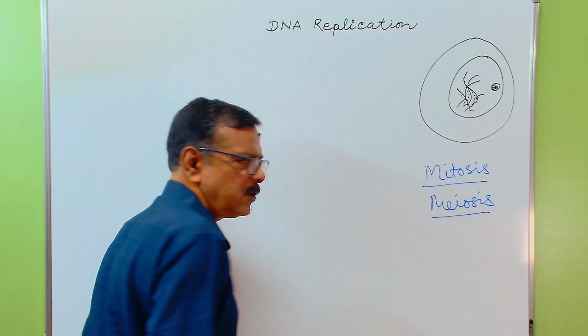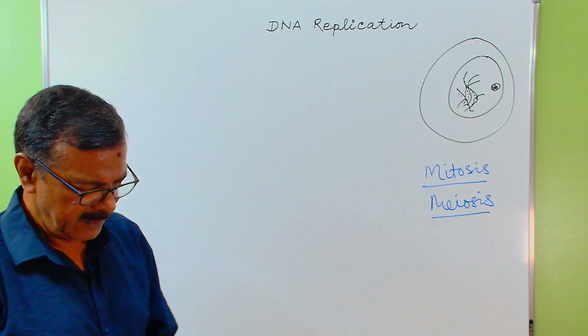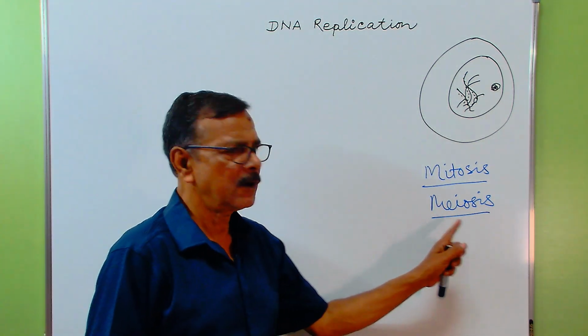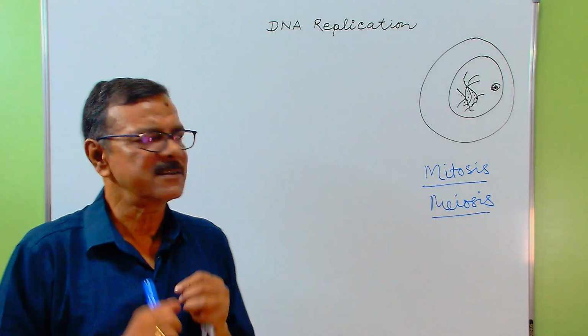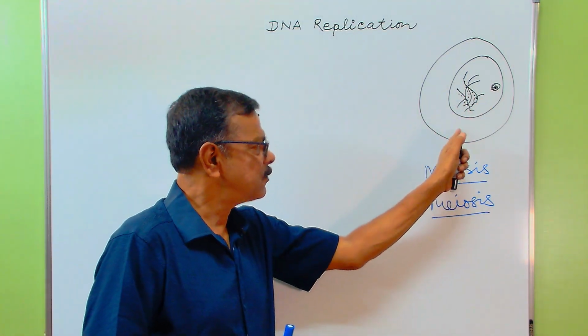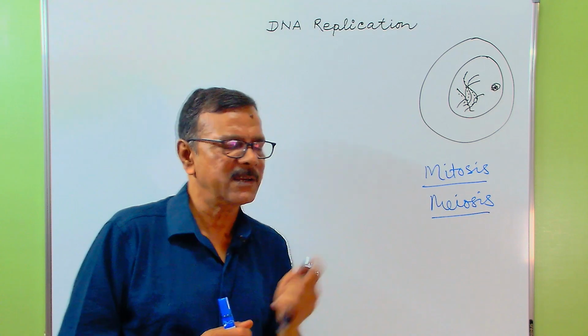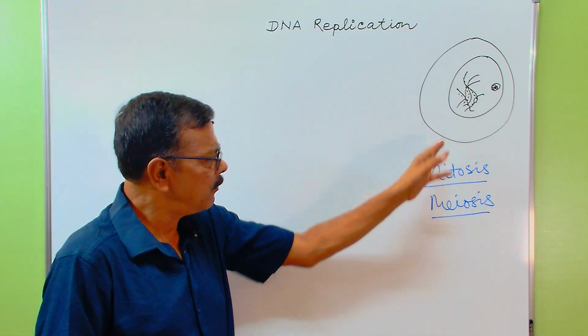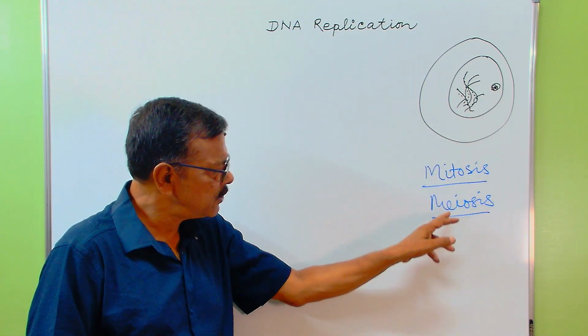Mitosis occurs in somatic cells and meiosis occurs in reproductive cells. All the cells, maybe somatic cells or reproductive cells, undergo these two divisions.